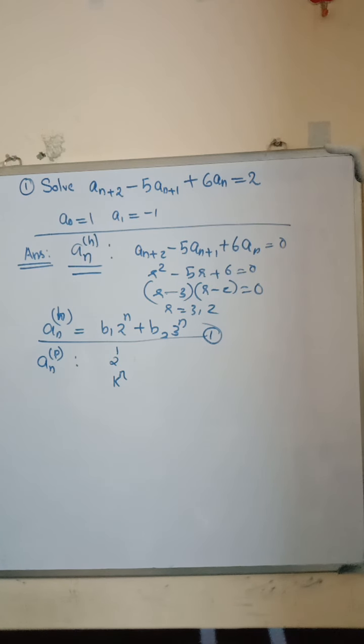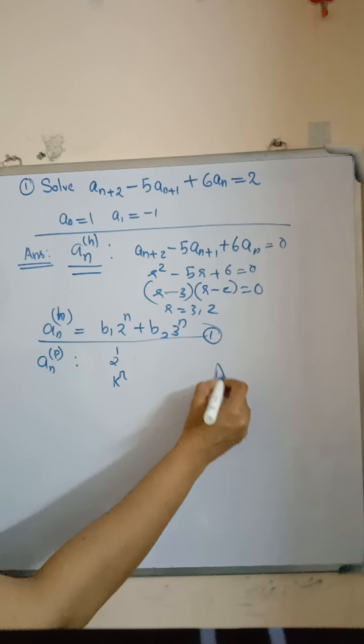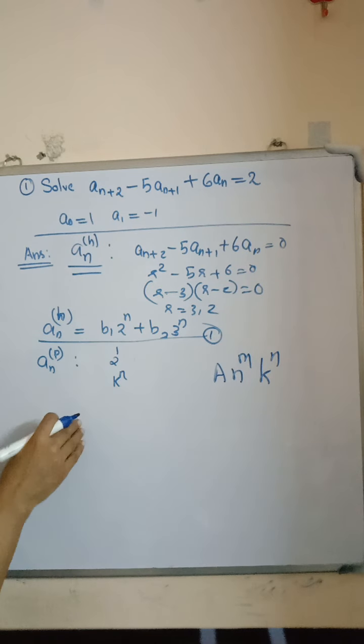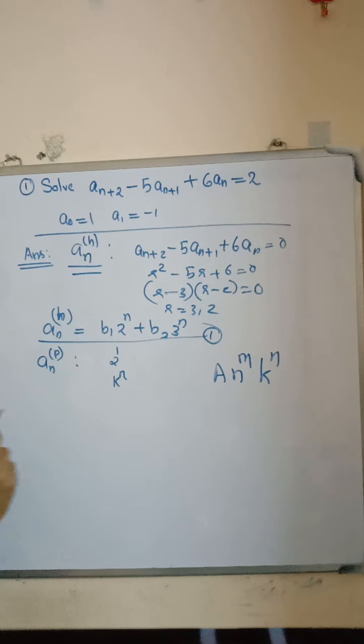That is, the function is k raised to n and k is a root of the characteristic polynomial with multiplicity m. Then the form is a n raised to m into k raised to n. So here 2 is a root of this characteristic polynomial.